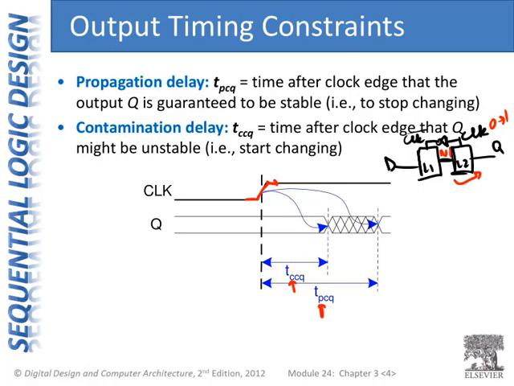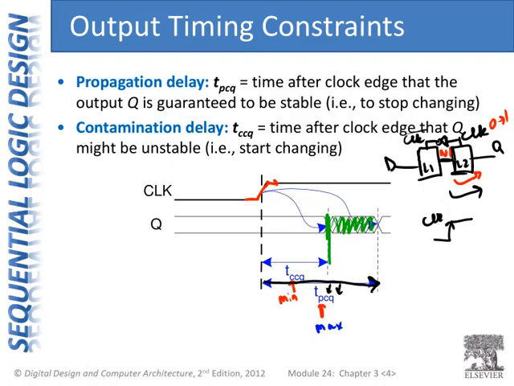Remember, we can have a minimum delay, contamination, and a maximum delay, propagation. The output Q could start to change as early as T contamination clock to Q, but it's guaranteed to be stable after a propagation clock to Q. CQ means from the clock edge, because that's what's driving this change, the clock rising from 0 to 1.